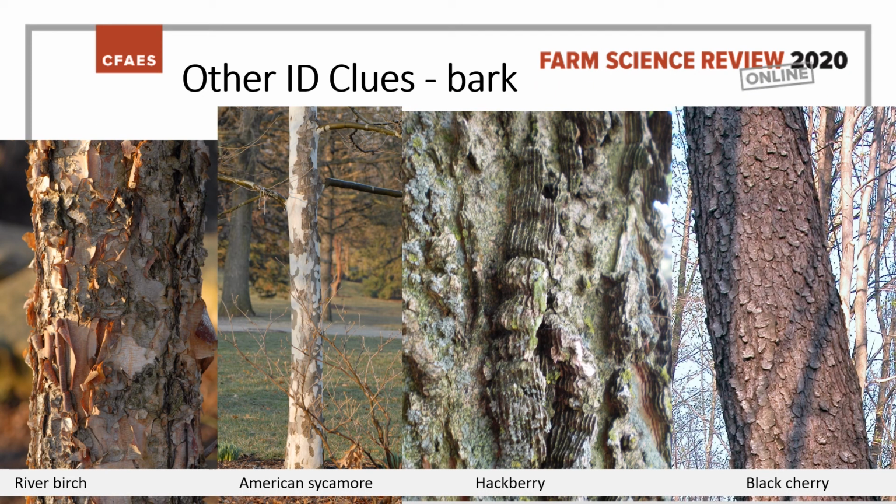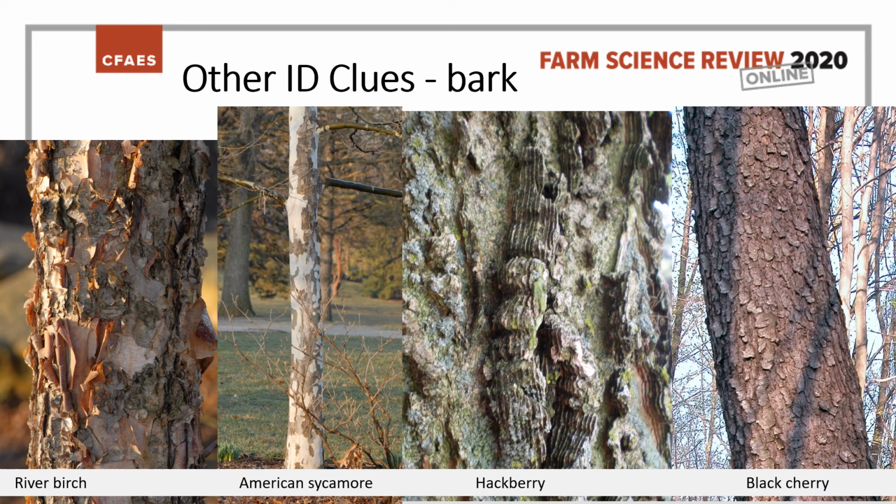So sometimes it's bark that we need to think about. Here's some distinctive bark that, once you learn it, you're probably going to be able to walk up to the tree and use that clue right away. River birch on the far left, then we move to American sycamore, hackberry with these ridges on the bark, and then black cherry with a chippy, cornflake-looking bark that is very dark.